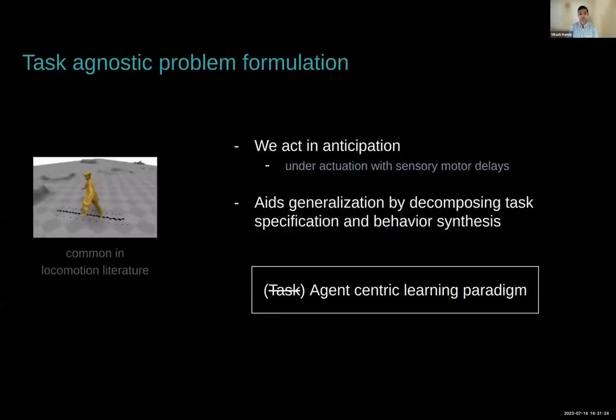What's happening if you pick a task-agnostic formulation like this? You give anticipatory power to your planner, so it knows what is going to happen in the future and prepares ahead of time. This is very key. And the second is that generalization gets enabled, because all of a sudden we are not paying specific attention to the task.